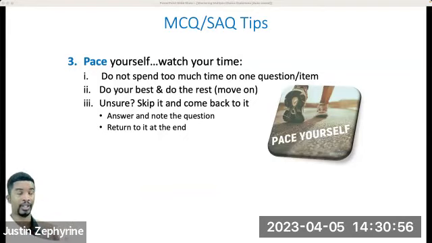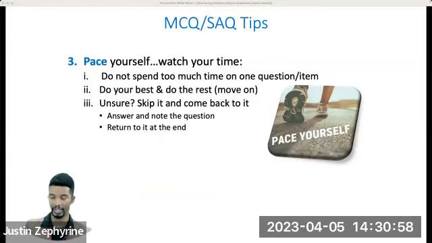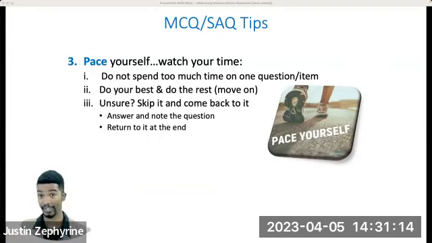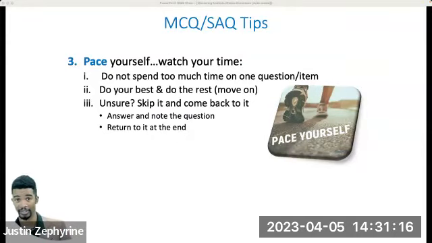But make sure you come back to it, because you want to make sure you answer all your questions. Because let's say you have an exam that has 10 questions, but they're all worth 5 marks, right? So the exam is out of 50. I think I'm doing my math correct. And you only answered 2 questions and you didn't answer the other 8 questions.